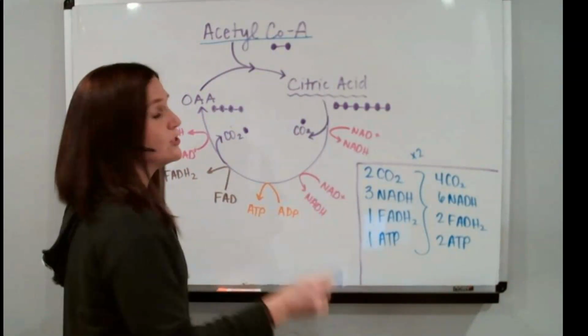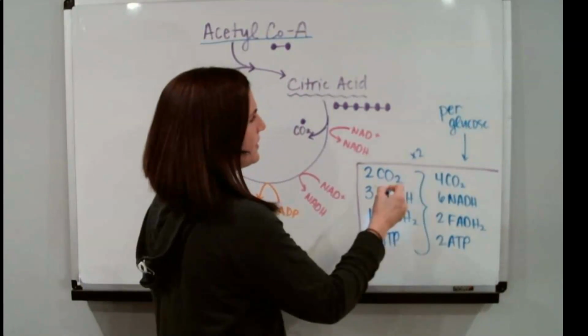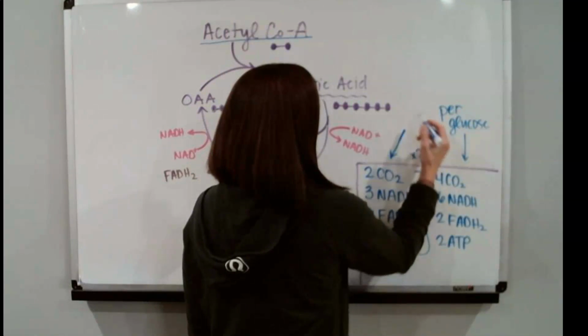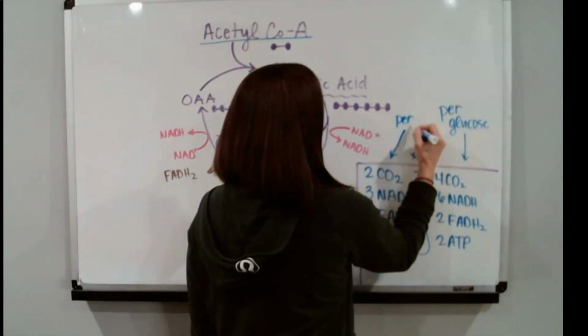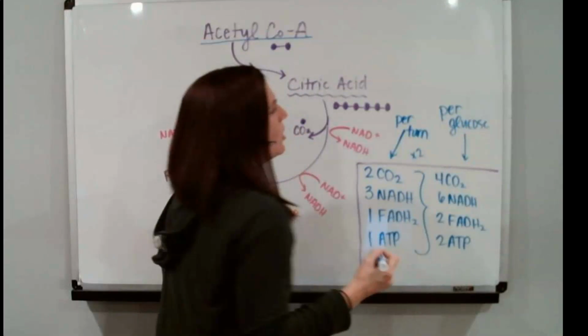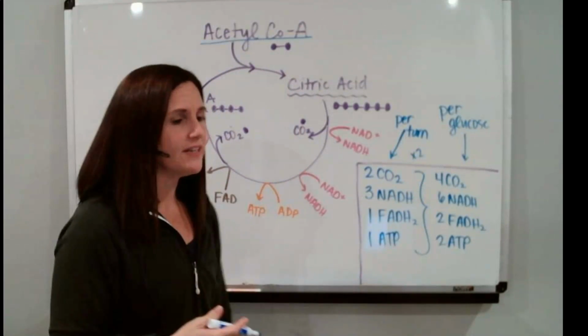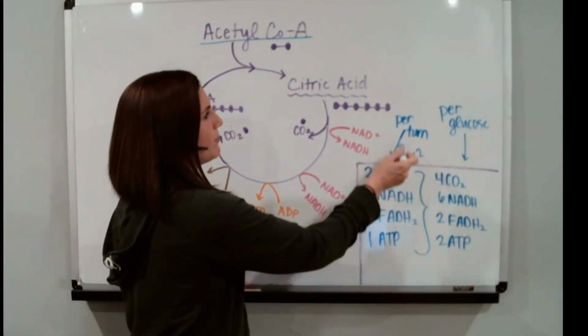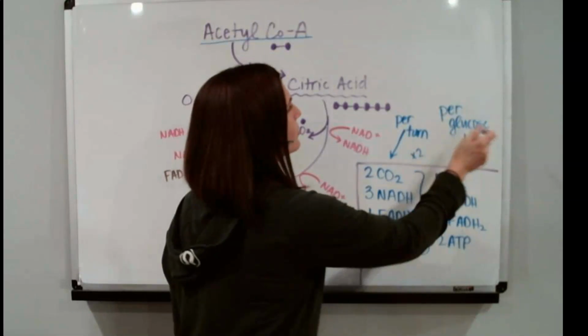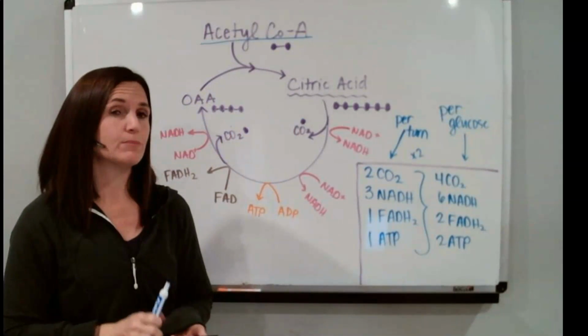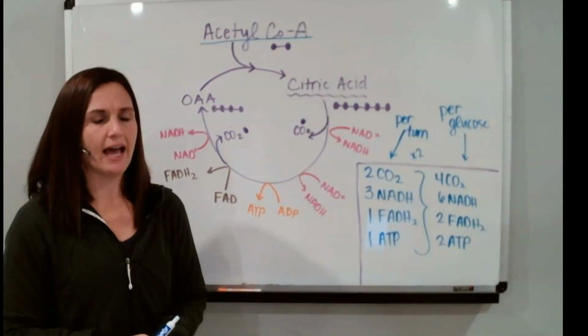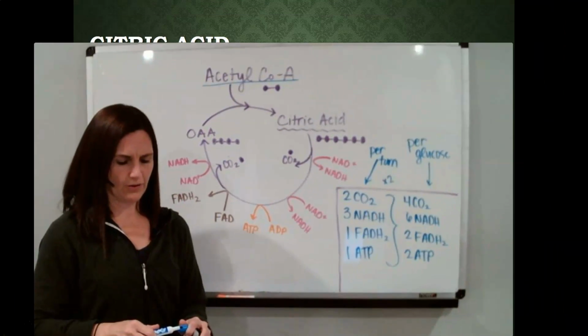And these numbers are per glucose, where these numbers are per turn. So on the test, there will definitely be questions about the numbers per turn and the numbers per glucose. So it'd be a really smart idea to take down all of these values.